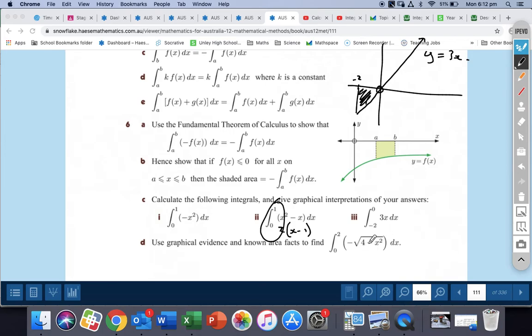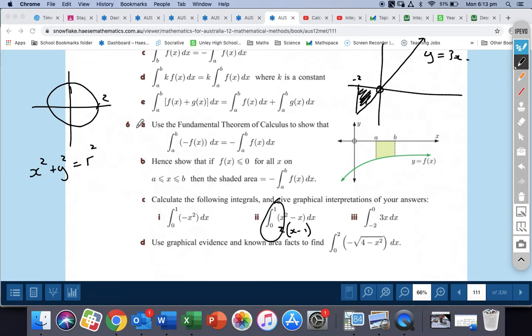This one, I think you've seen before. Think of this as originating from a circle. Remember back to year 11 when you had circles and these relationships: x squared plus y squared equals the radius squared. In this case, the radius here is 2.